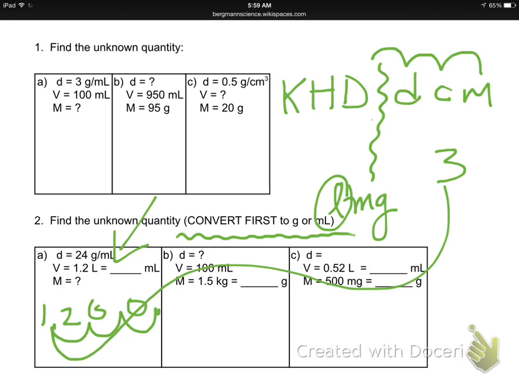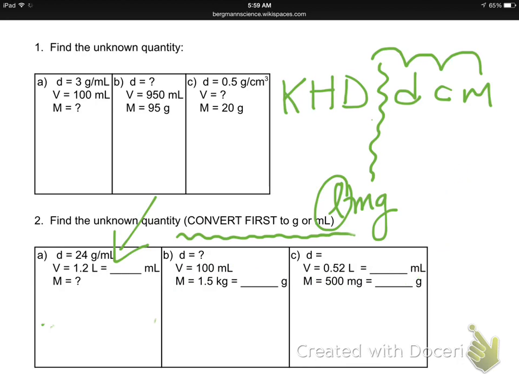milliliters. So then what I would do is I would convert that without all of these arrows, and I would rewrite that to 1,200 milliliters. Makes sense because a milliliter is much smaller than a liter, so it would take a whole bunch of milliliters to fill 1.2 liters.